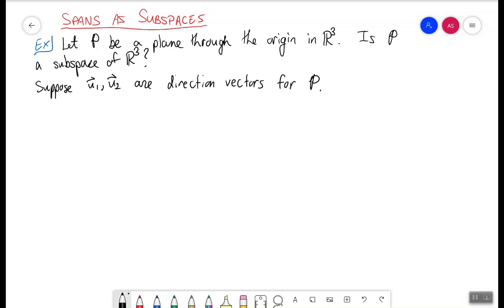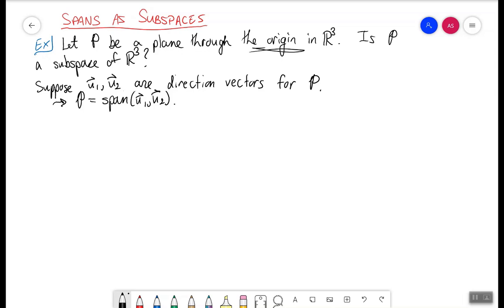From what we know about spans, this tells us that P is the span of U1 and U2. Now, the first thing we should check is: is the zero vector actually in our plane? Well, it is, because this is a plane through the origin.